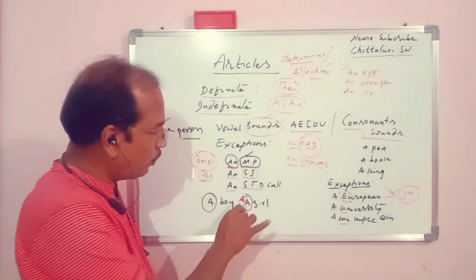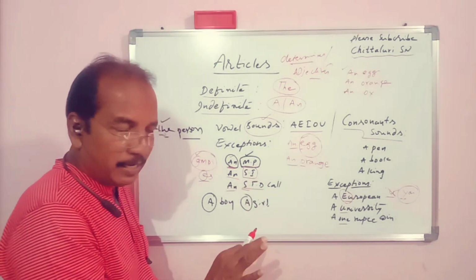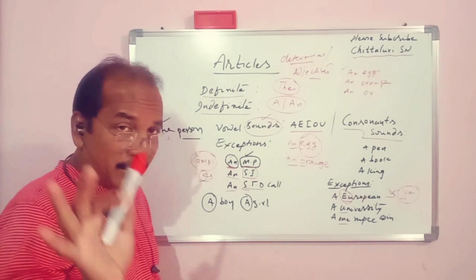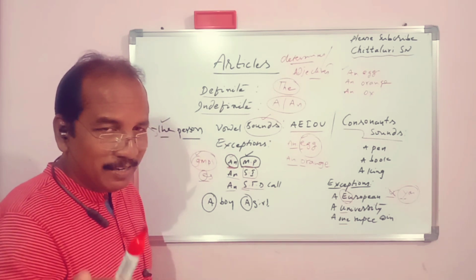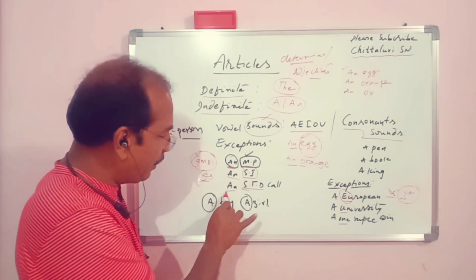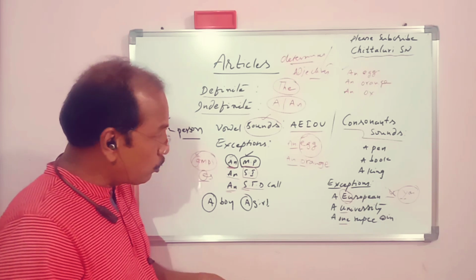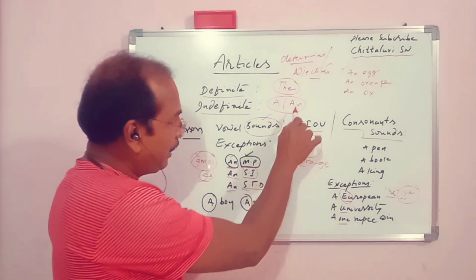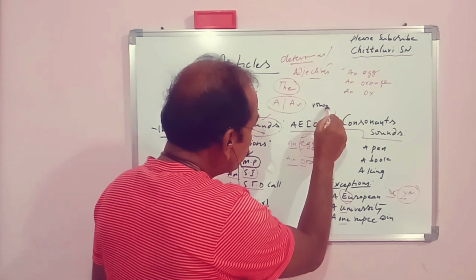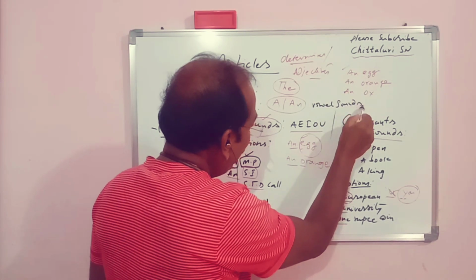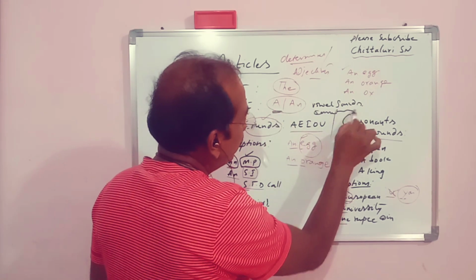We use an because though the word starts with the consonant S, it has a vowel sound, "es". That's the reason we should use an here. I hope you understood well now. So you are supposed to use the article an before vowel sounds, and you are supposed to use the article a before consonant sounds.